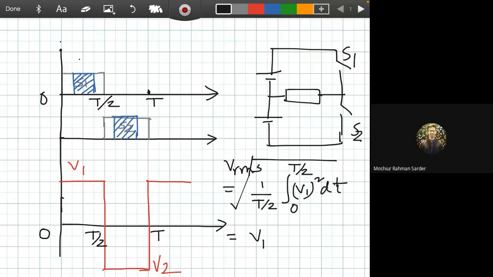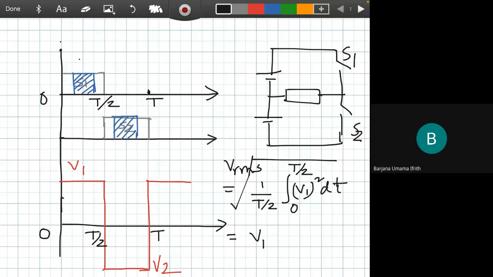Yes, sir. Why did you take the blue one from 0 to T by 2? Now the switch S1 will remain on only for as long as the blue pattern shows. The switch will remain on following this blue pattern.